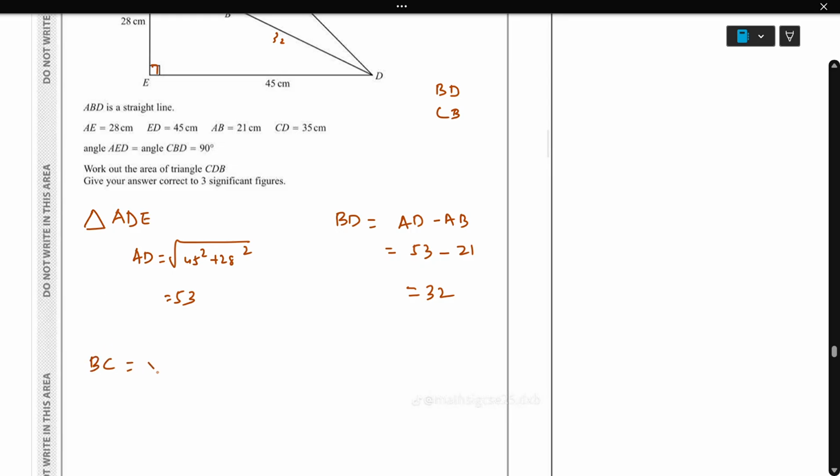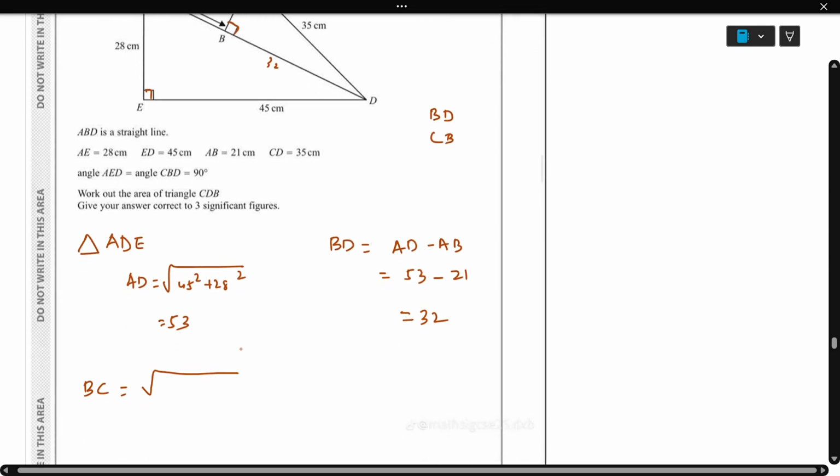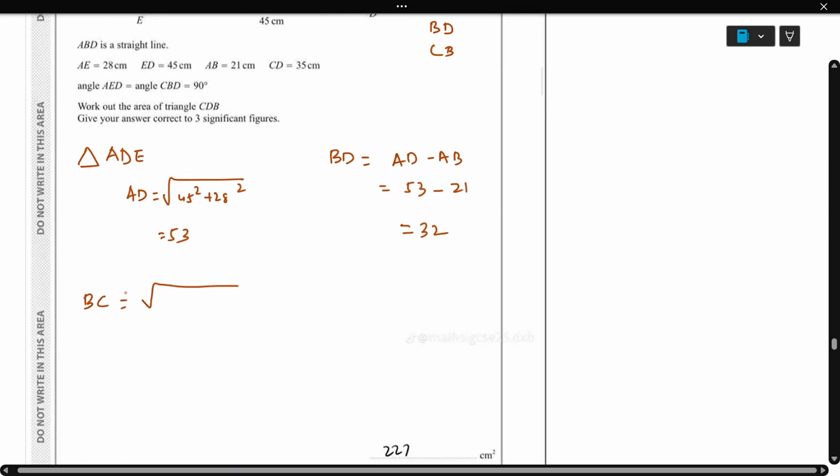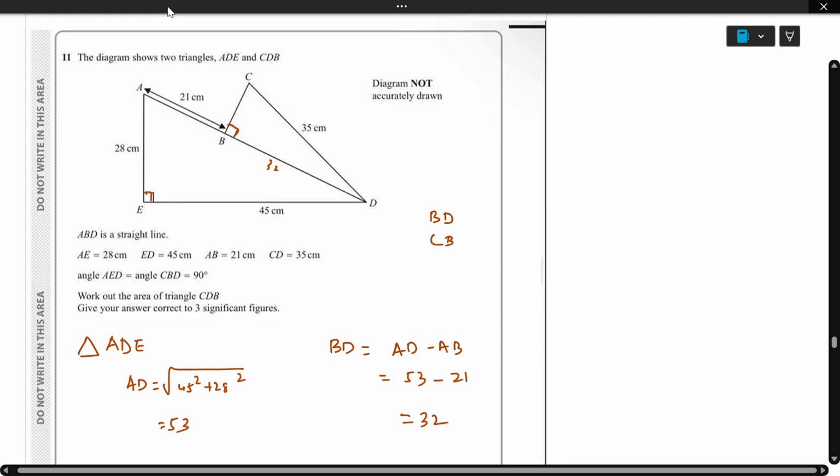BC equals the square root of, here where is the hypotenuse? Hypotenuse is CD, opposite of 90 degrees. So 35 squared minus 32 squared, it's going to be the square root of 201.